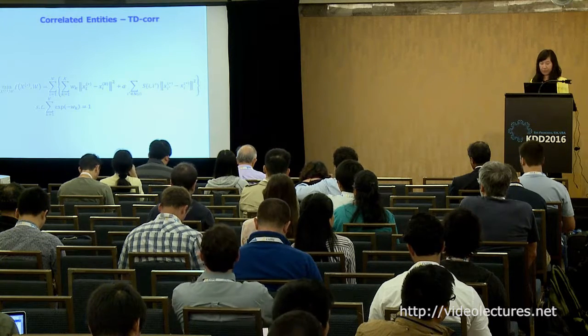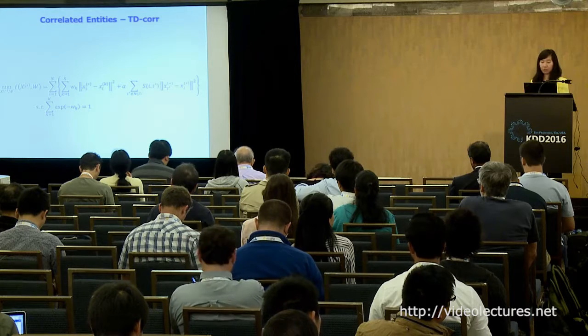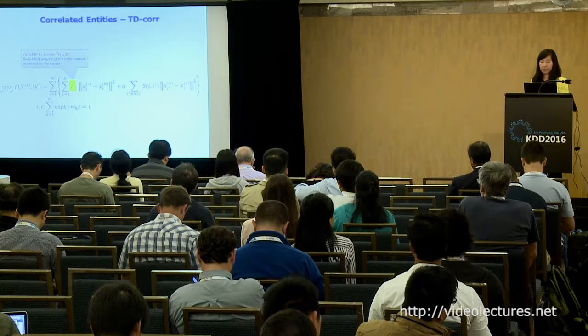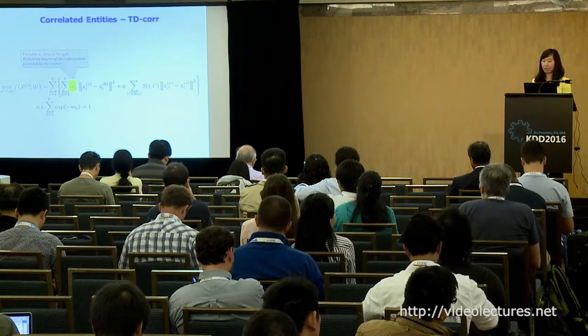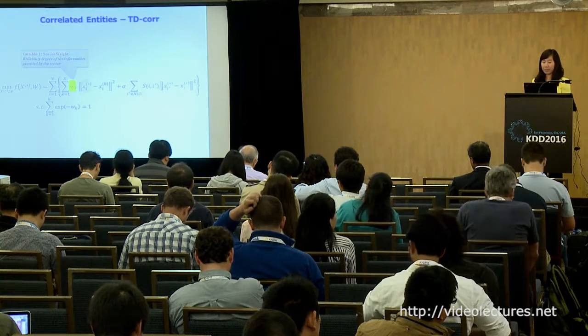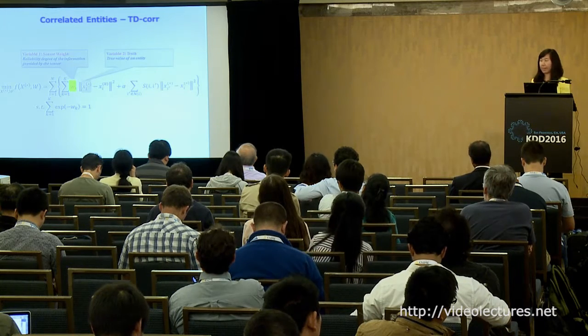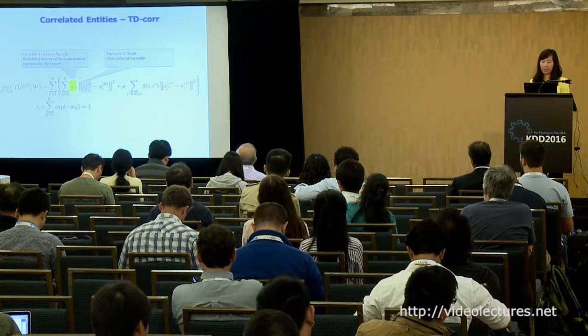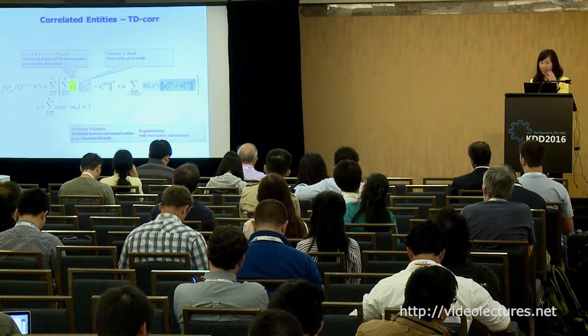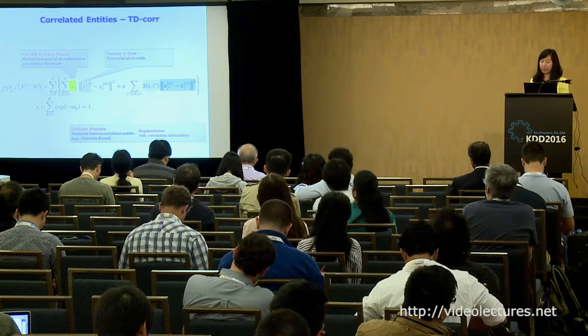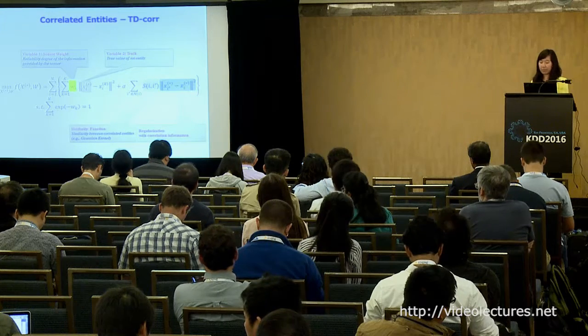Then we use this optimization function to solve this problem. WK indicates the sensor weight, basically the reliability degree of the information provided by the sensor. This is the true value of the entity, and XIK is the observation. And then SII prime is the similarity between the correlated entities.